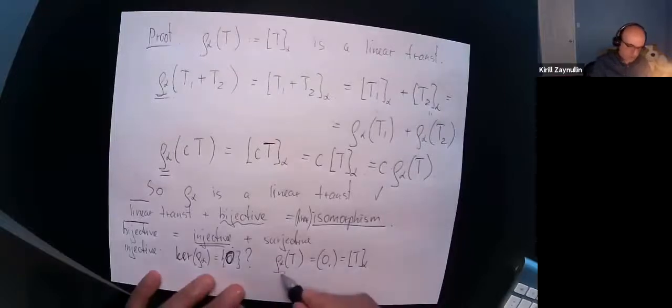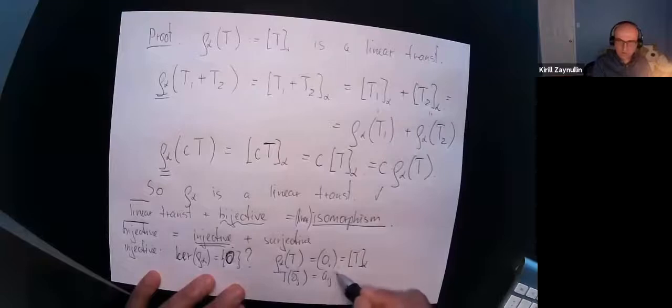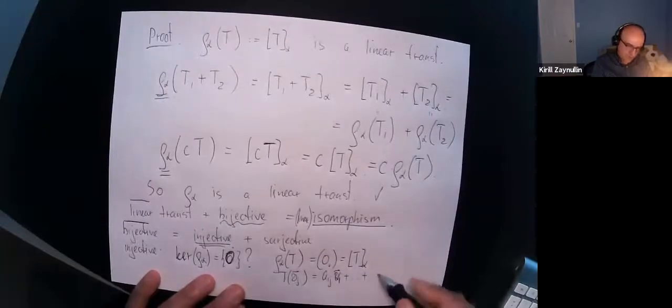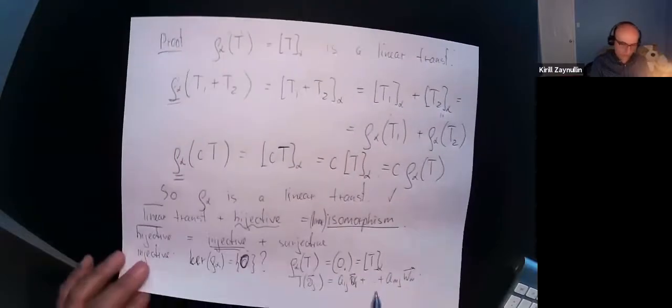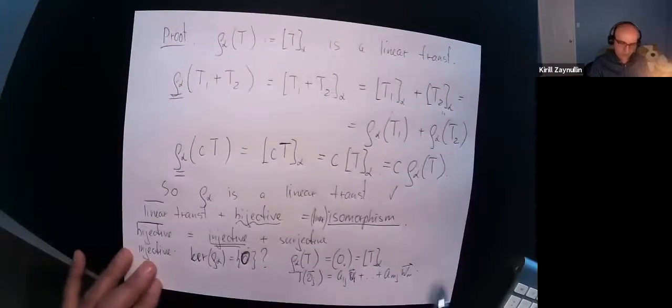So in particular, T of Vj, if you remember, was A1j W1 plus and so on, plus AMj WM, right? And all these coefficients have to be zeros, for each basis vector.